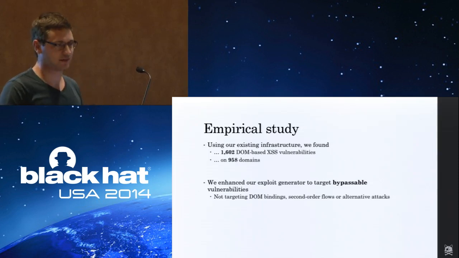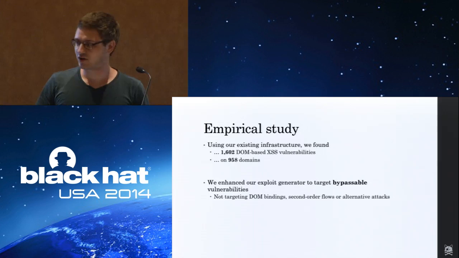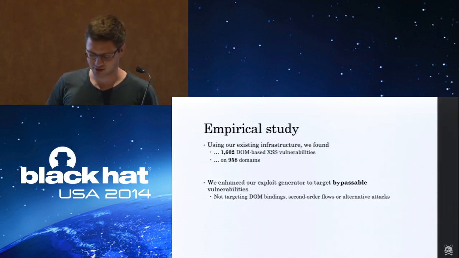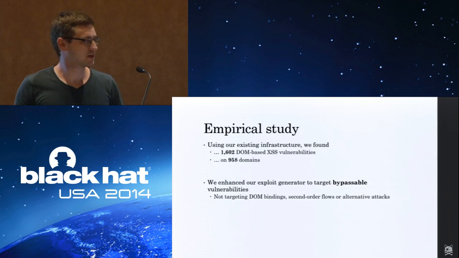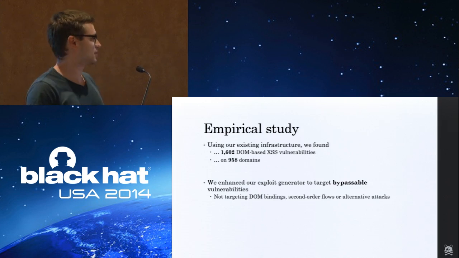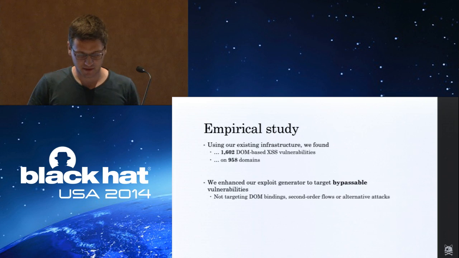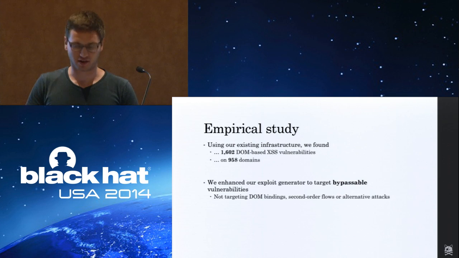We had these 1,600 unique vulnerabilities on 958 domains. We took our existing exploit generator, which I didn't show you here because it would be way too complex in this case, and added a few if conditionals here and there to enable us to use these vulnerabilities we found.